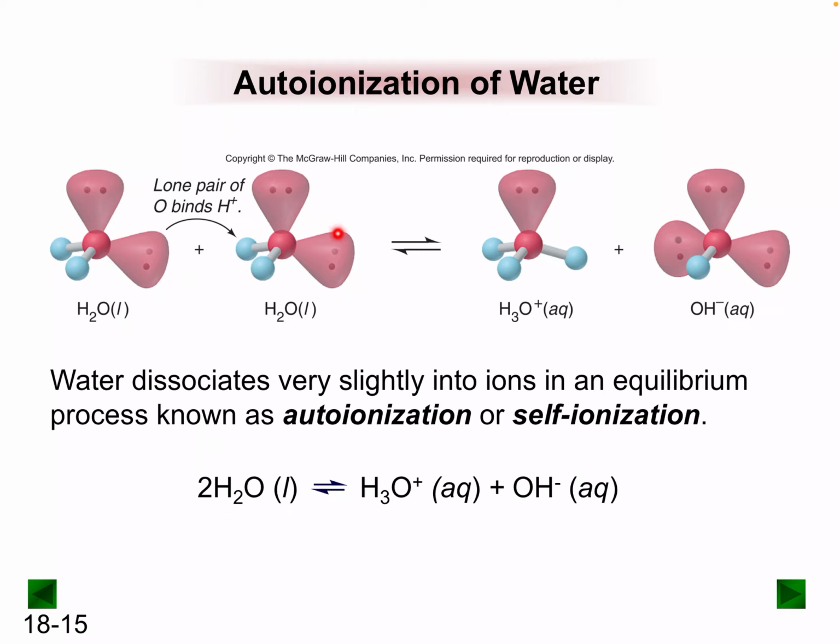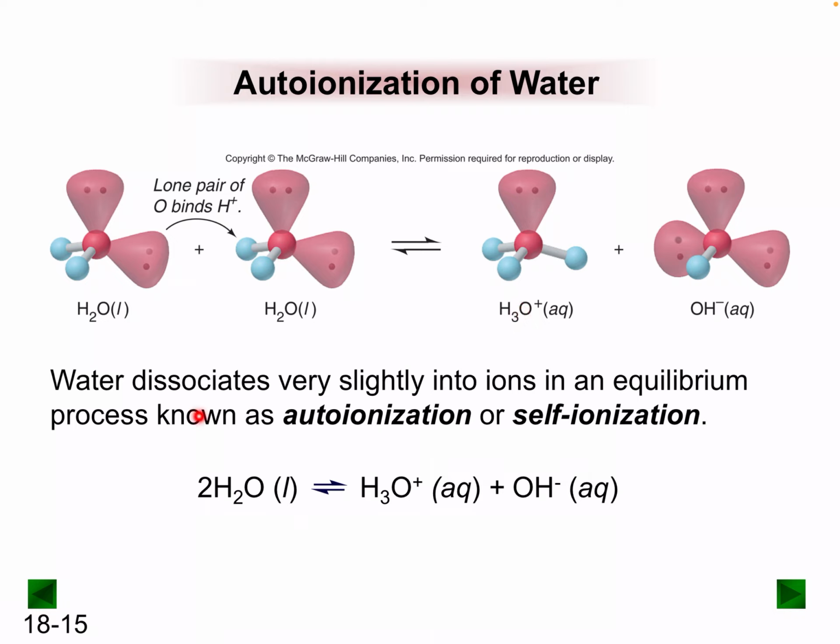So as a result, oxygen will end up having 3 lone pairs: 2 electrons from this bond and the 2 that it already had. So it will end up having 1 oxygen and only 1 hydrogen from H2O, and it has 3 lone pairs. And if you calculate the formal charge, you will see this OH will carry a -1 formal charge. So this would be H3O plus and this would be OH minus.